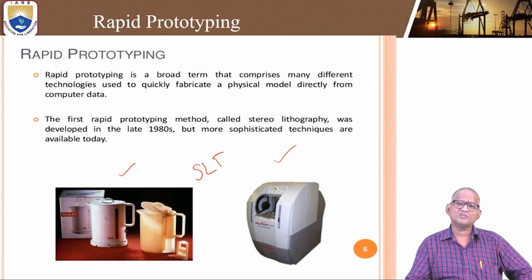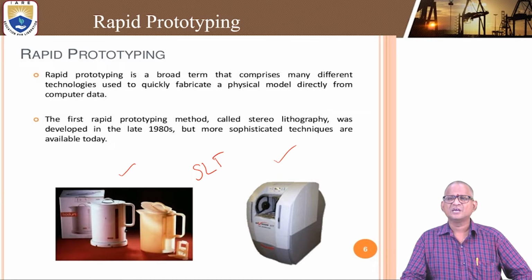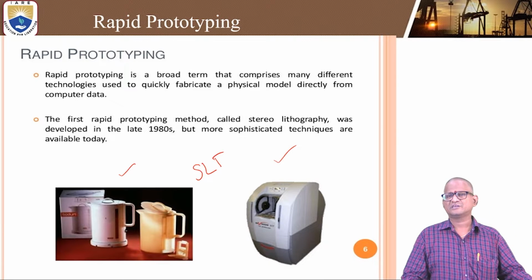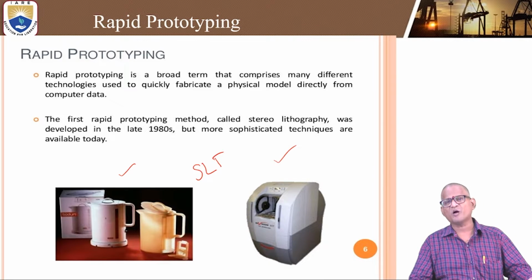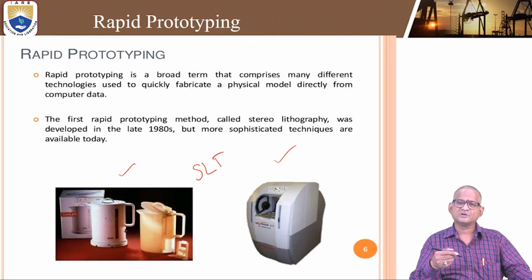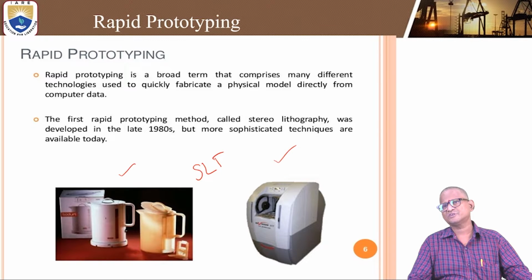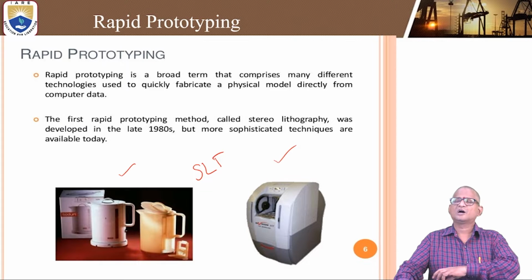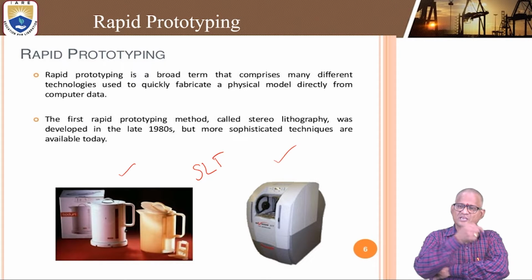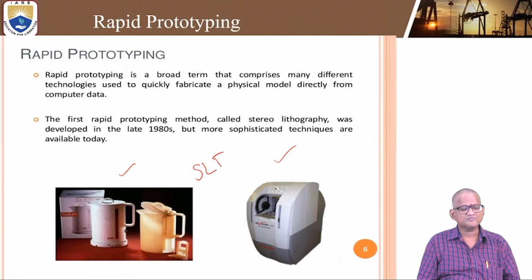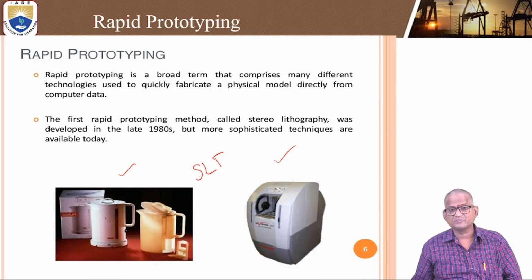Simple shapes are available all over the major cities, but for some complex shapes you need a CAD model, then I can put it into STL form, then I can use the printer with composite materials like thin wires. The final product can be produced. So that is rapid prototyping.